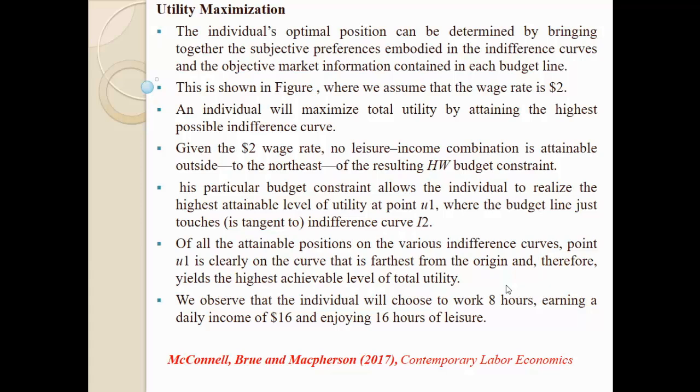The individual's optimal position can be determined by bringing together subjective preferences embodied in the labor indifference curve and the objective market information contained in the budget line. This is shown in the figure where we assume that the wage rate is 2. The individual maximizes total utility by attaining the highest possible indifference curve.